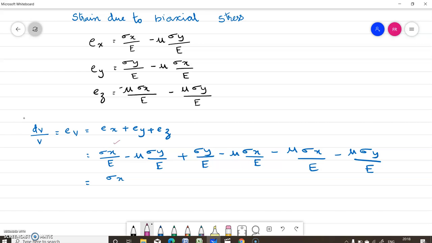What are the sigma x coefficient values? This one and this one. Sigma x by E into 1 minus 2 mu.